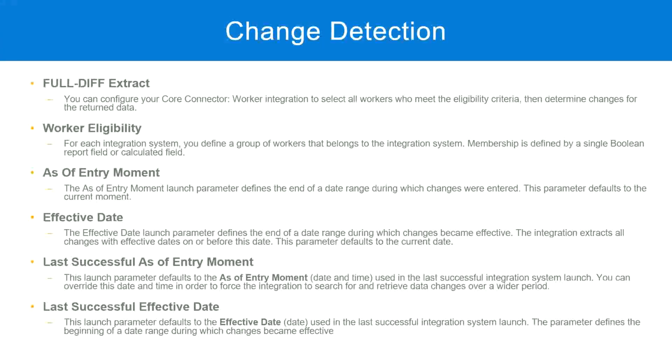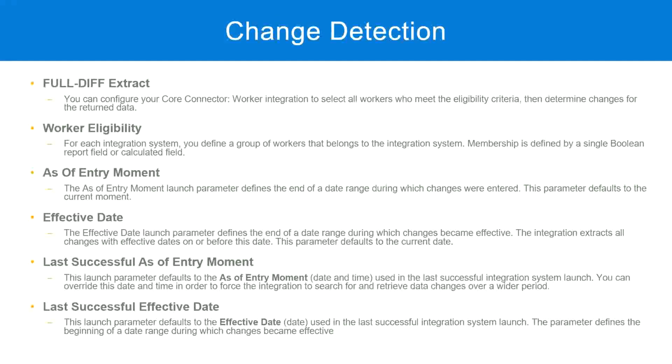We only need workers who are active. There is an existing Boolean field in Workday that says Is Active. If the worker is active, then the worker will be marked as true and will be included in the eligibility criteria.